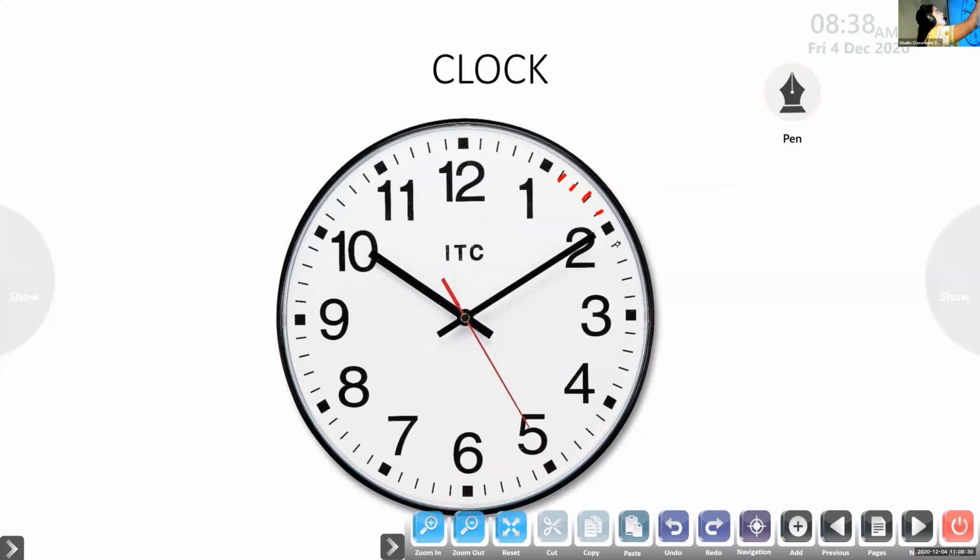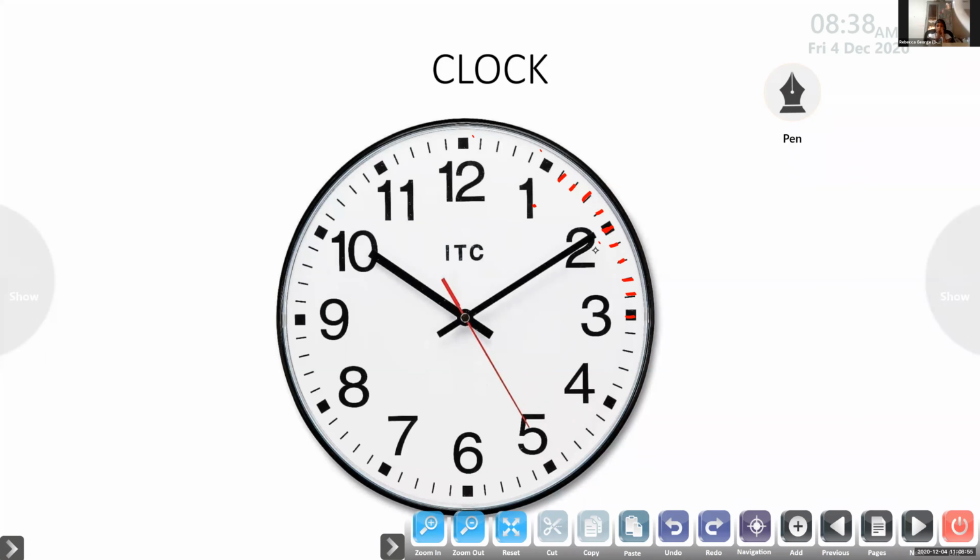Now, the small lines. What does each line represent? One minute. So between each number, how many minutes are there? Five minutes. From 12 to 1, 5 minutes. From 1 to 2, 5 minutes. From 2 to 3, 5 minutes.